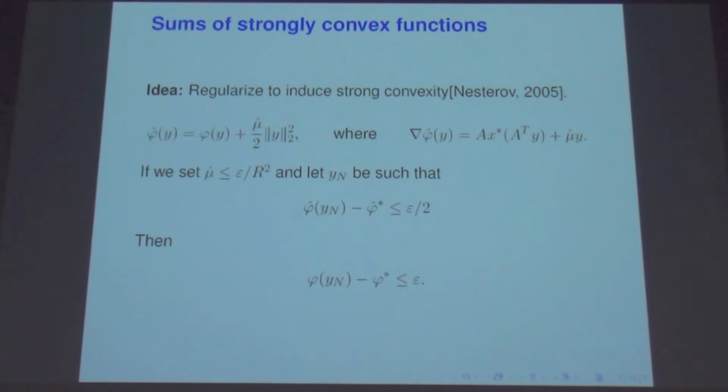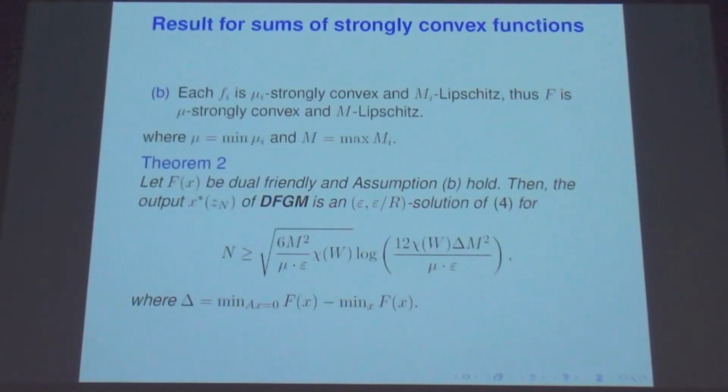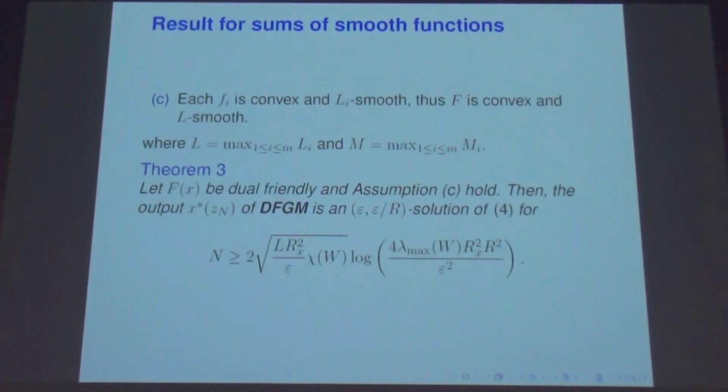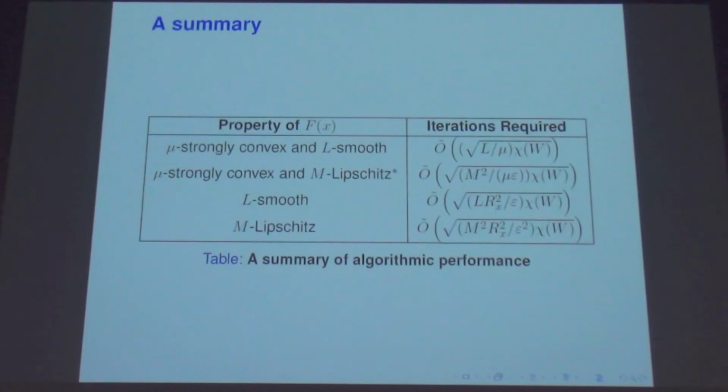So if your function is not strongly convex, you apply Nesterov smoothing, and then you obtain the result. And if your function is non-smooth, you move to the dual and apply Nesterov smoothing, and there you go. And if you have neither strong convexity nor smoothness, then you apply smoothing on both terms, the primal and the dual, and you obtain the same result. So I'm going to skip all of this, which is all the 4 theorems that I showed you.